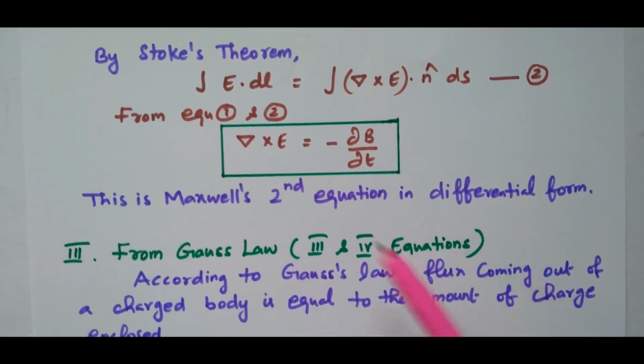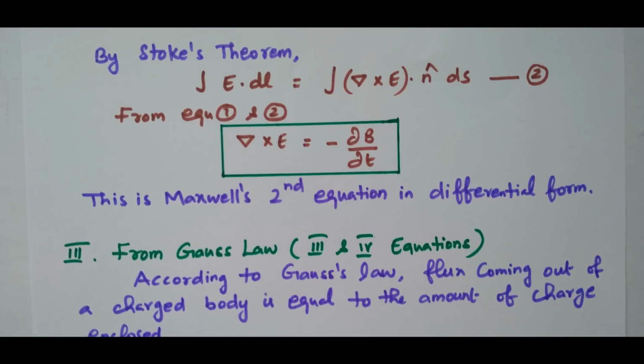That is del cross E equals minus dou B by dou t. By equating the right hand side terms in equations 1 and 2, we got this. So this is nothing but Maxwell's second equation in differential form. Now we have Maxwell's second equation in integral as well as differential form.